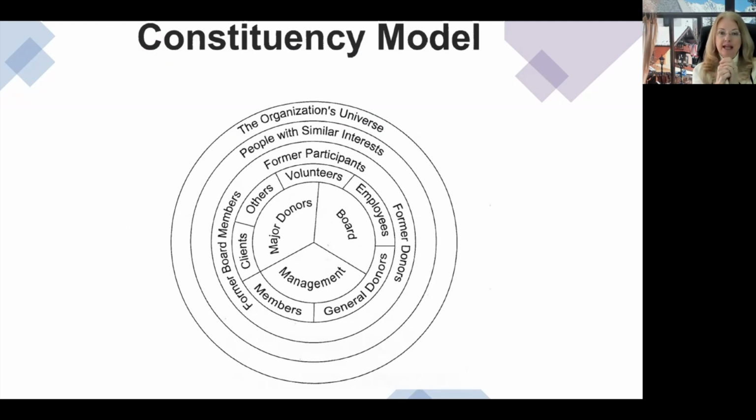These are people who may have said, oh, tell me when you start that nonprofit because I want to be involved. These are your major donors. It's the organization, it's your board. If you're going to hire some people, it's the management. So this center circle is where it starts. And then it works out from there. So your volunteers, your employees, what about your general donors?